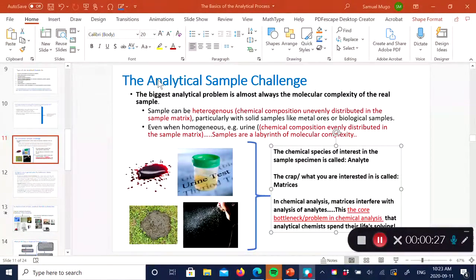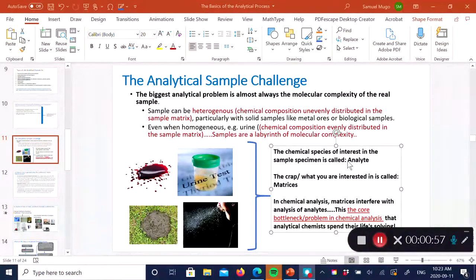But you also have so many other chemical materials that you're not interested in. And these materials are what you refer to as matrices. So whatever you're not looking for that is present in your sample is what you call matrices. Whereas the chemical species of interest, whatever you're trying to detect, is what you refer to as the analyte.